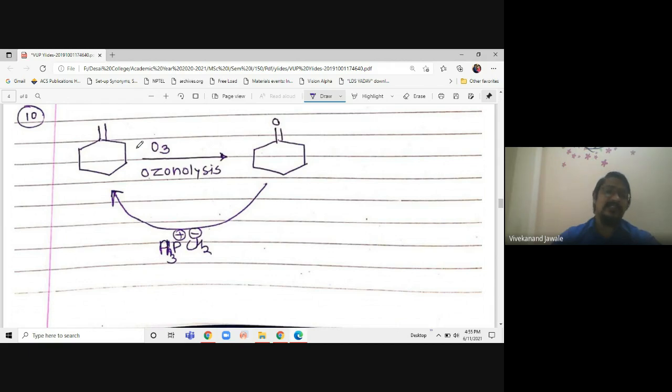So ozonolysis will give you the insertion of oxygen. But what we have studied now is that if there is an oxygen, oxygen can be removed, and instead it will give us a double bond. So these two reactions work opposite to each other. Okay, so this is very, very interesting.